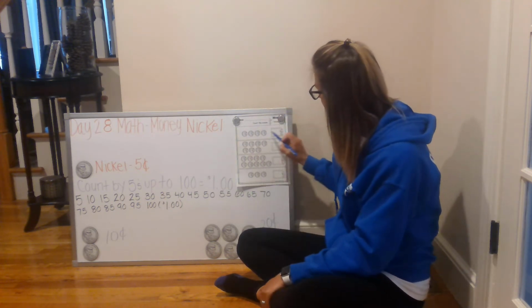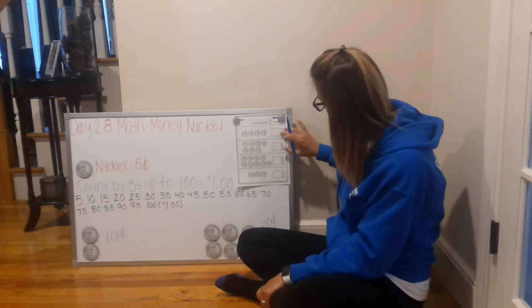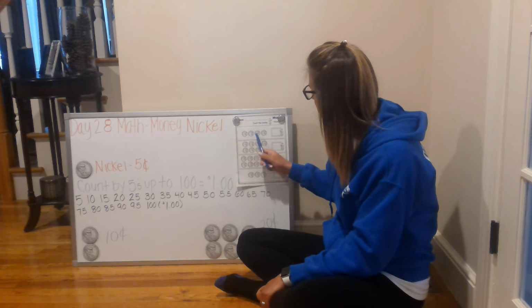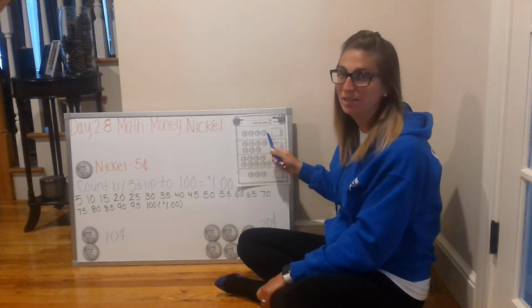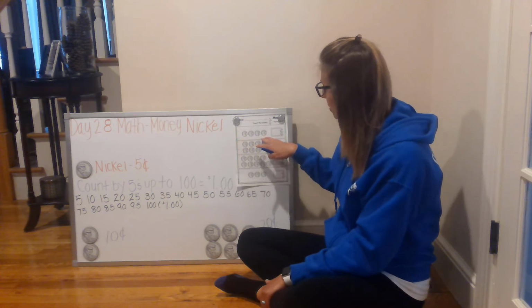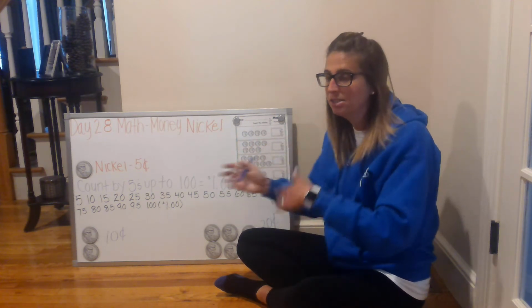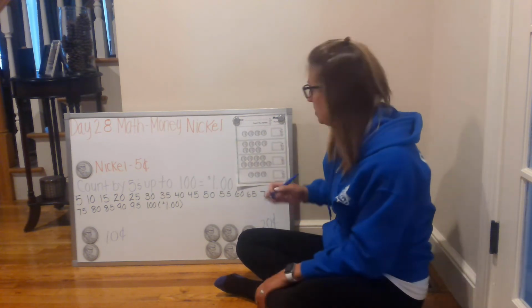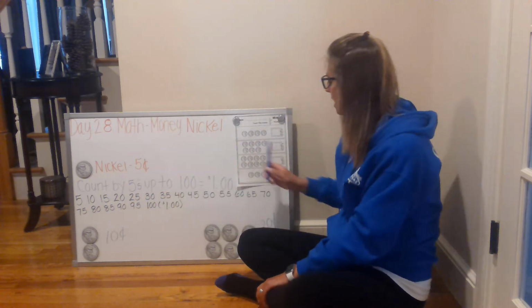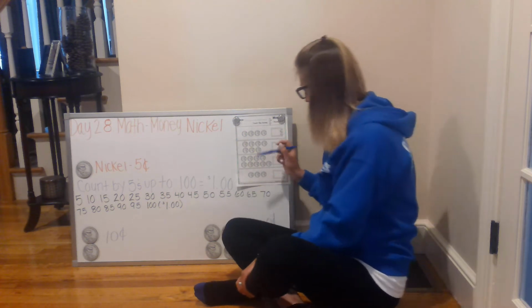So let's look at the first column together over here, row. We have 1, 2, 3, 4. So we have 4 nickels, okay? We're going to determine what's the total amount, and we're going to write it here in the box, just like we did for the pennies last week. So let's use our number line to count by fives for 4.